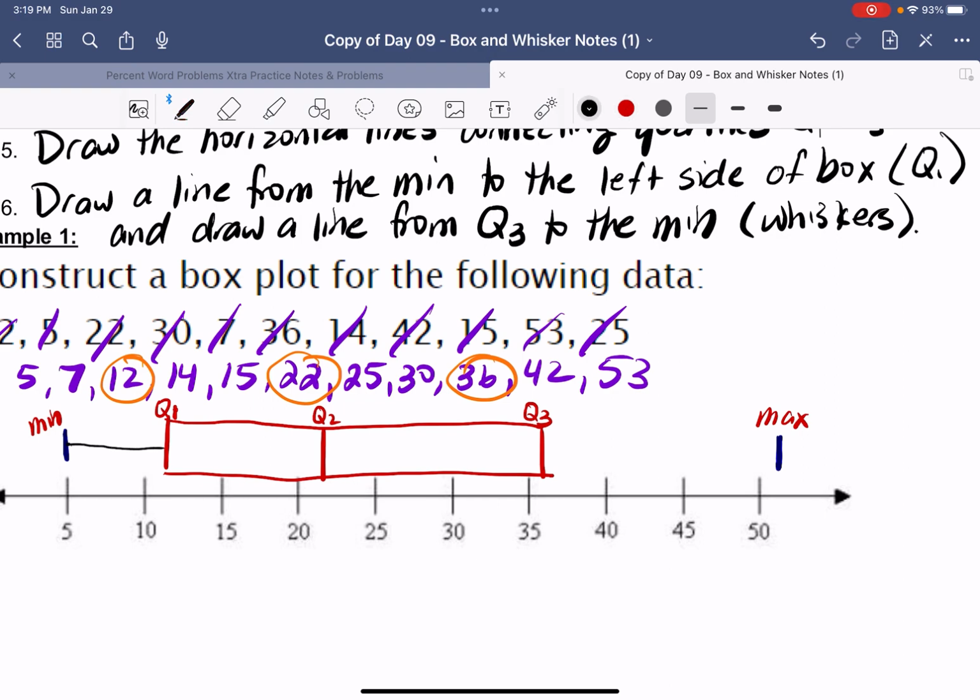And then the last thing is you draw in the lines for your whiskers. Now note, the line starts at the box and goes outward like so, all right? Make sure you're not doing something like down here or this way, okay? Make sure that it starts at Q1 and goes down, or Q3 and goes up, okay? All right, so that is your box and whisker plot.